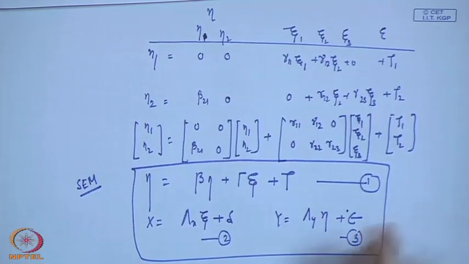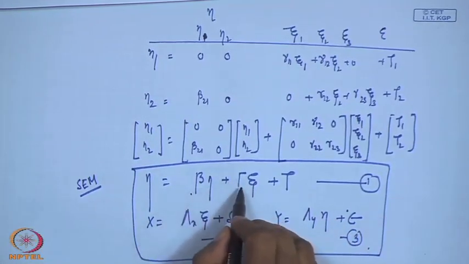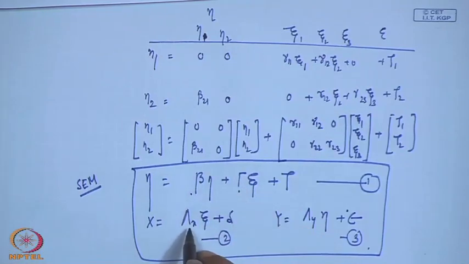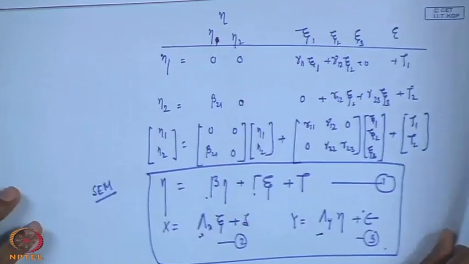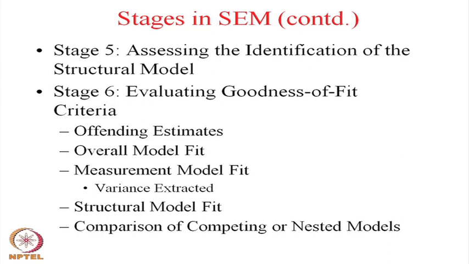Okay. And you are required to estimate beta, gamma, lambda x, lambda y, and the covariances between these. So many parameters you have to estimate. The second is parameter estimation. We are not discussing the details of parameter estimation here, and we will discuss it separately later on.